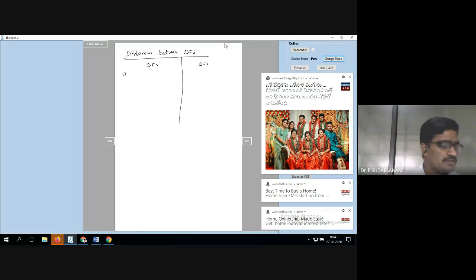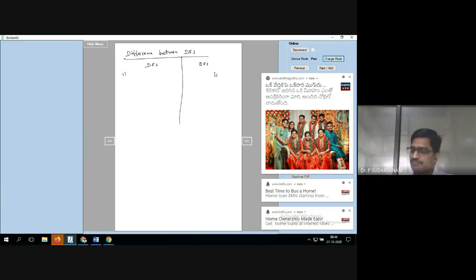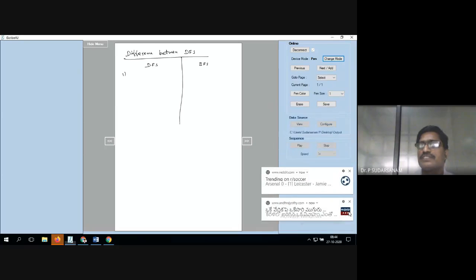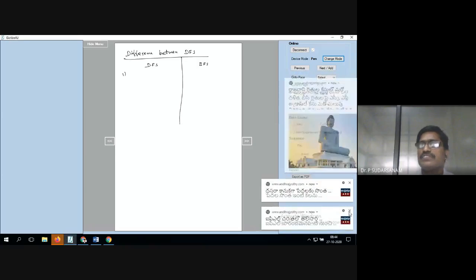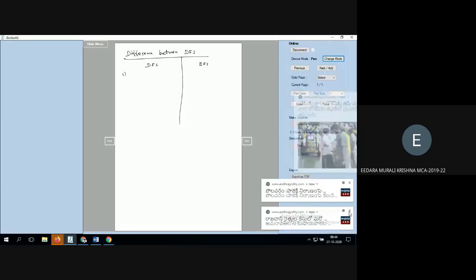Right. So, which data structures we have used for DFS? It should interact. It is not one-way traffic. It should be both ways. Which data structures we have used? Stack.